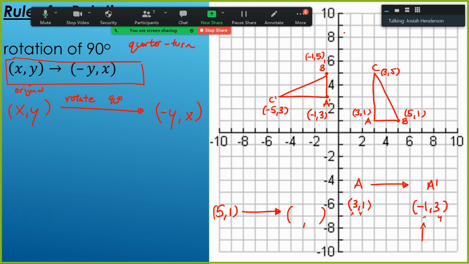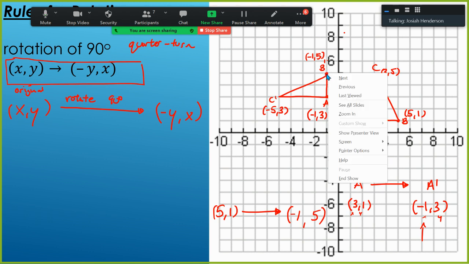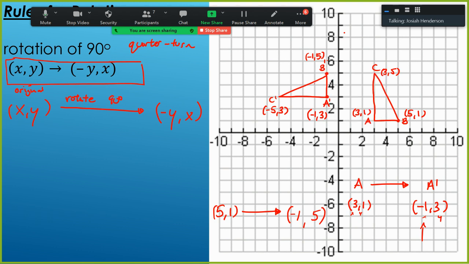The rule says switch them and make the y number negative, which is now in the x spot. So if I swap these, that will be 1, 5. And if I make that first number, the x position, negative, the old y, that would be negative 1, 5. I look up, and that is what GeoGebra gave us and where I put it for our rotation.